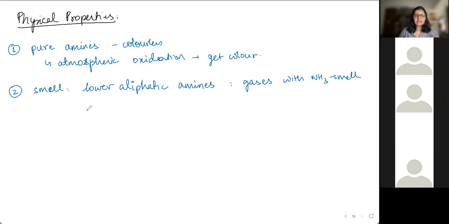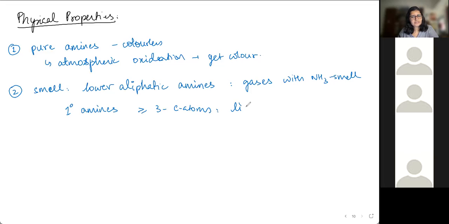The higher ones, because they have high boiling and melting points, end up being liquids or solids. They're not as volatile, so you won't be able to smell them. The sweet spot is primary amines with more than 3 carbon atoms.